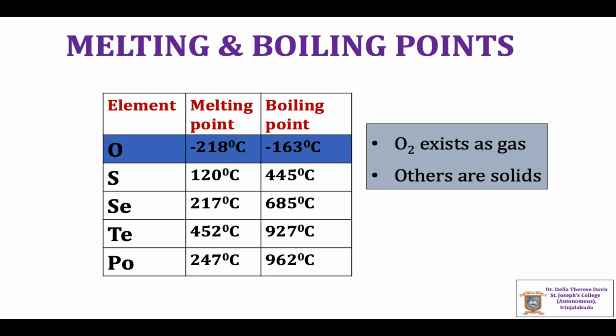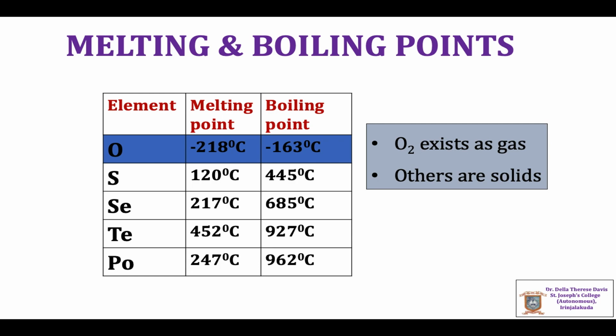The melting point and boiling point of elements of group 16 increase as we move down the group. Among group 16 elements, oxygen has the lowest melting and boiling points.